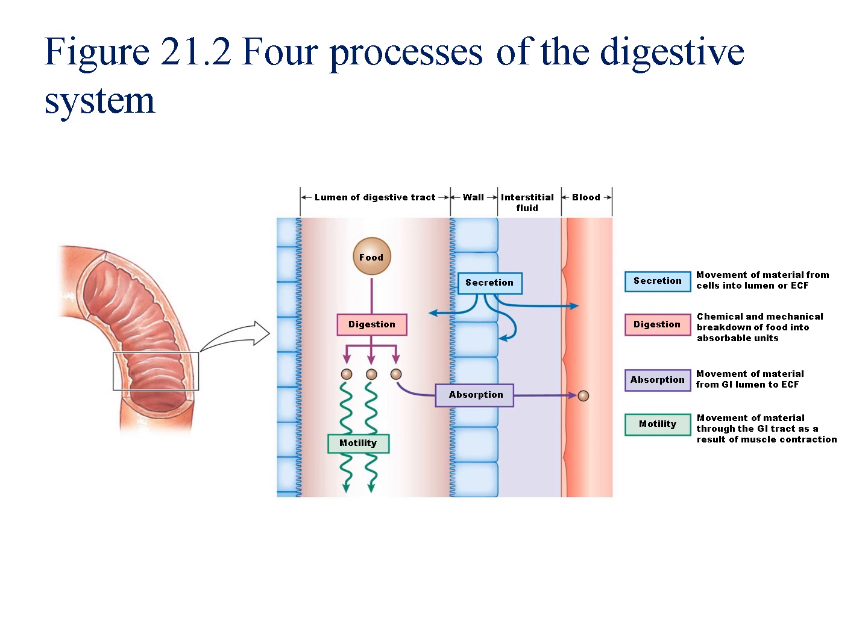Once food is digested, the next step is absorption. This process allows nutrients to pass from the lumen of the digestive tract into the interstitial fluid and bloodstream. Carbohydrates, proteins, fats, vitamins, and minerals are absorbed primarily in the small intestine, where they enter either the circulatory or lymphatic system for distribution to cells.